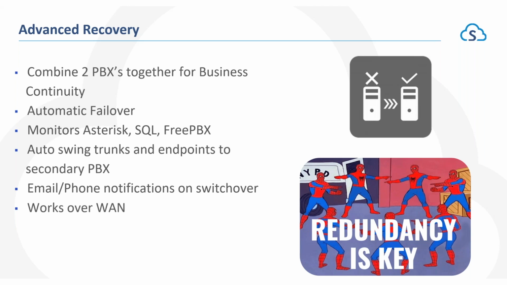That can be on the same location, it can be in a different location, it can be elsewhere. It works over the WAN. So if you need to have your PBX up and running 24/7, advanced recovery is a must-have.